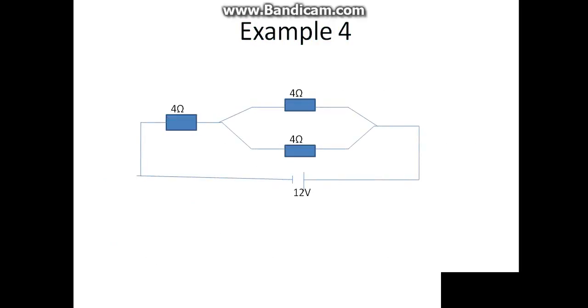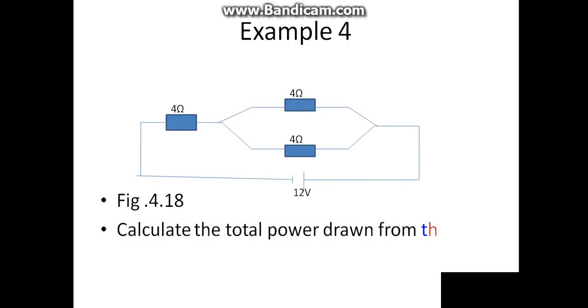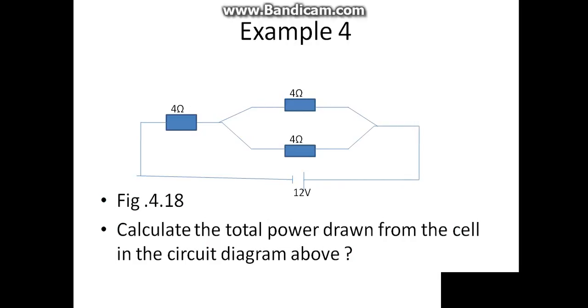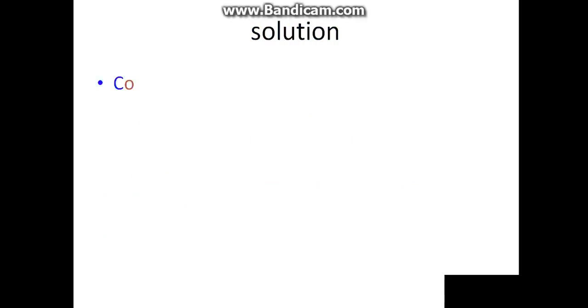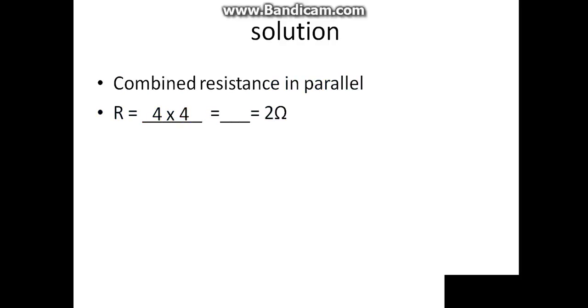Example 4. Looking at figure 4.18, calculate the total power drawn from the cell in the circuit diagram above. Solution. Combine resistance in parallel. Capital R is equal to 4 times 4 all over 4 plus 4, which gives us 16 over 8, which is 2 ohms.